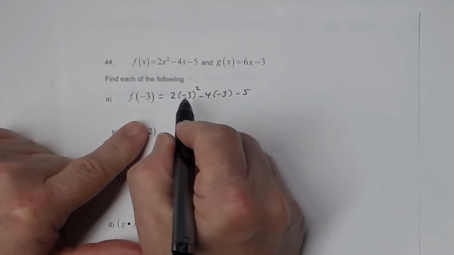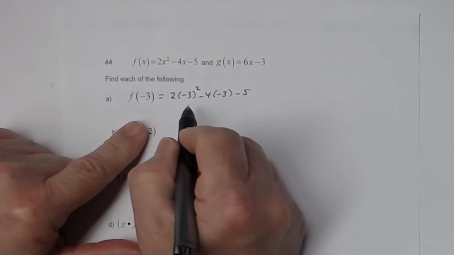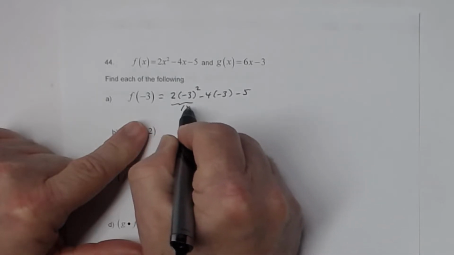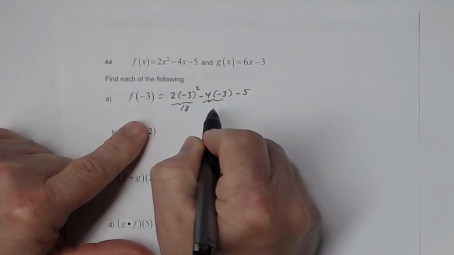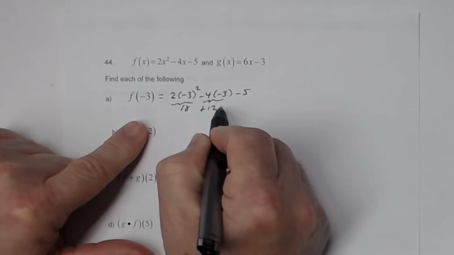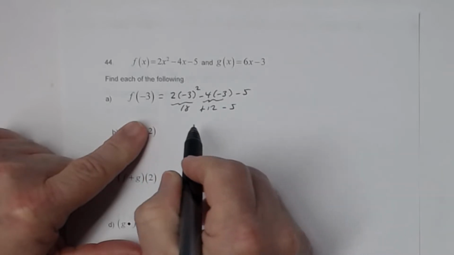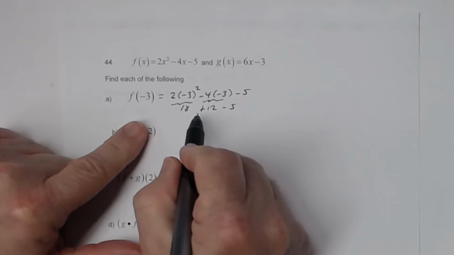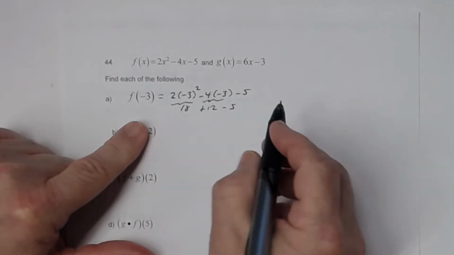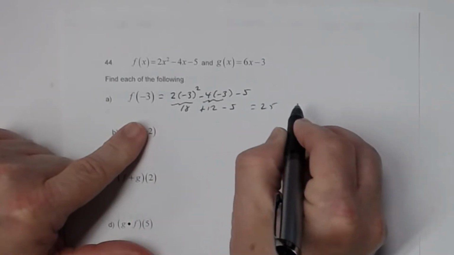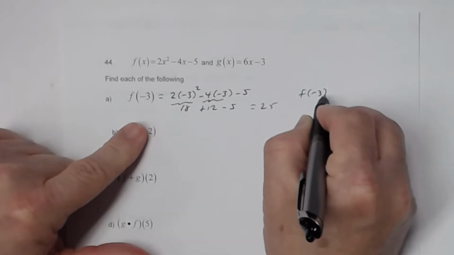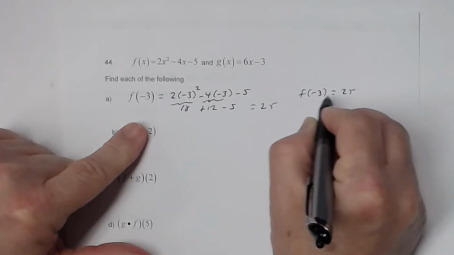So negative 3 times negative 3 is a positive 9. 9 times 2 is 18, so this part's 18. A negative 4 times a negative 3 is a positive 12, and then you're subtracting 5. 18 plus 12 is 30, and then 30 minus 5 is 25. So f of negative 3 is equal to 25.